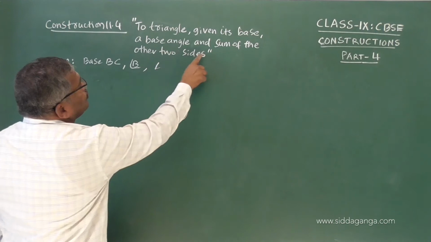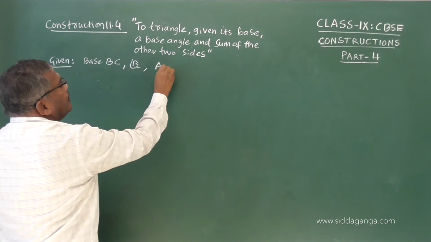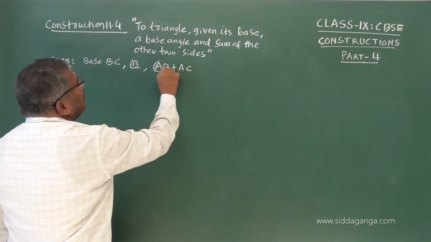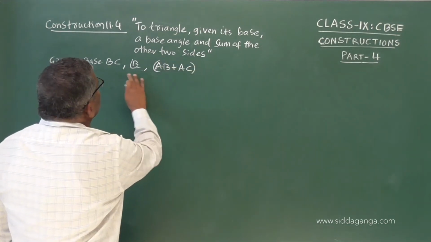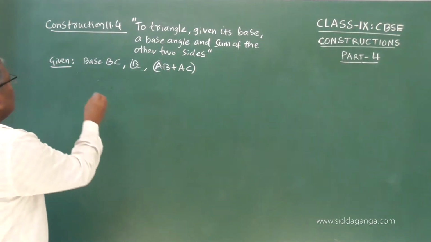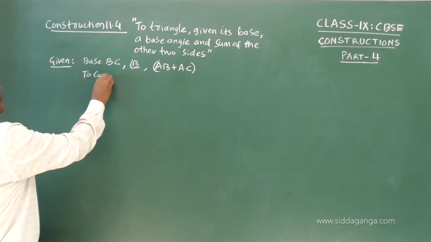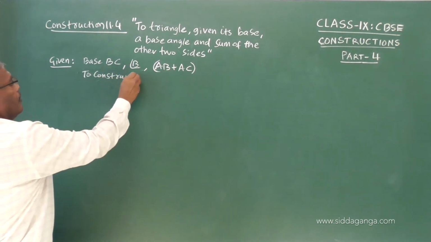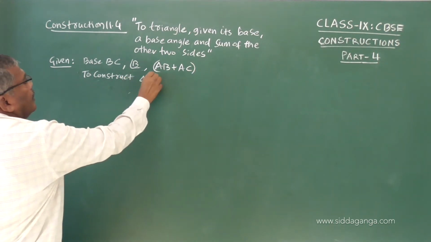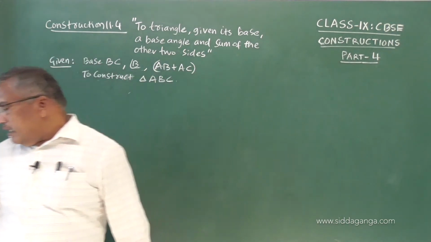He says other two sides, sum of other two sides, means excluding BC, that is AB plus AC. This total length is given. So this is the given data. So what is to be done? To construct triangle ABC. So, with this given data we have to construct the triangle ABC.